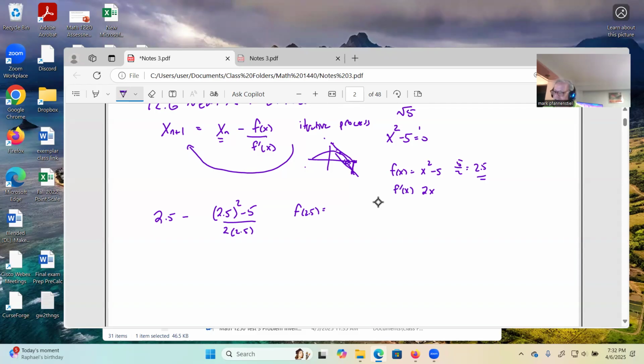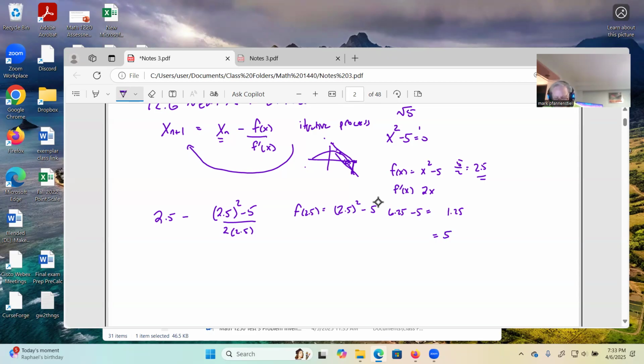That's just going to be 2.5 squared minus 5. I got 6.25 minus 5, which gave me 1.25. Fantastic. And then on the bottom, we're going to say this is 2 times 2.5, that's just going to be 5.